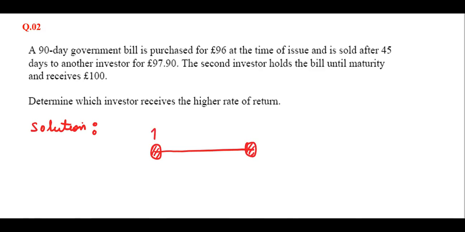Ninety-day government bill purchased at 96. This is the purchase price. And at the time of issue, sold after 45 days.